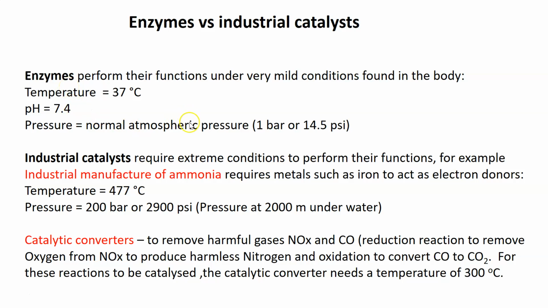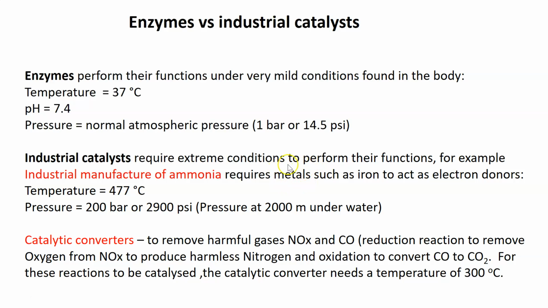Now compare that to industrial catalysts. Remember, enzymes are just biological catalysts. Look at the conditions industrial catalysts need for the reactions to be catalyzed. If we're looking at something like the industrial manufacture of ammonia, so in making fertilizer, this requires metals.